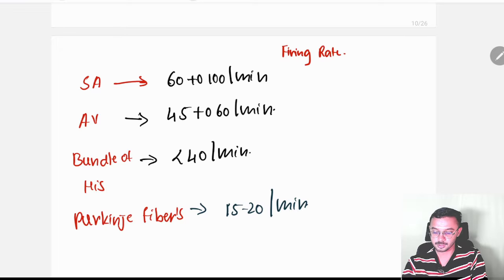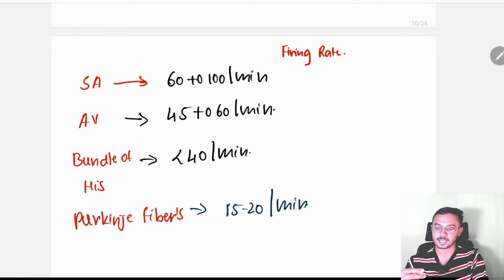Suppose, imagine the SA node won't function in a person. I will be teaching the conditions in an upcoming slide also. These are all basics. If the SA node is not functioning, God has created one more thing, that is the AV node. If the AV node is also not functioning, then it is the bundle of His. If the bundle of His is also not functioning, then Purkinje fibers will come into action.